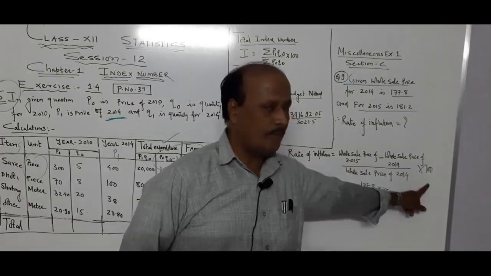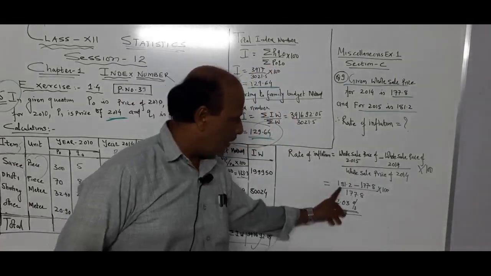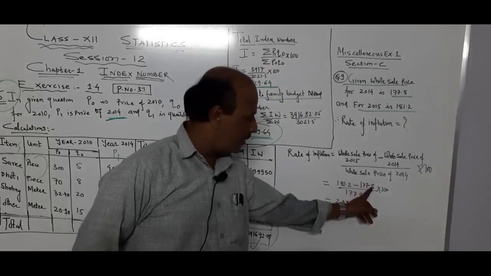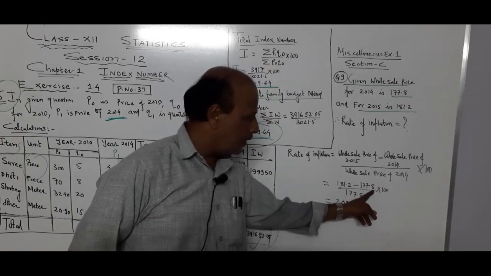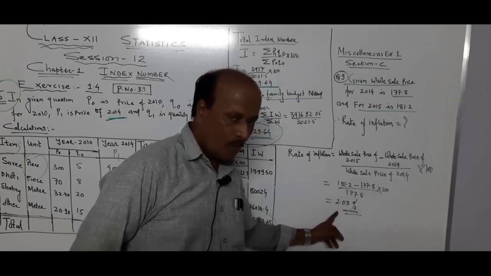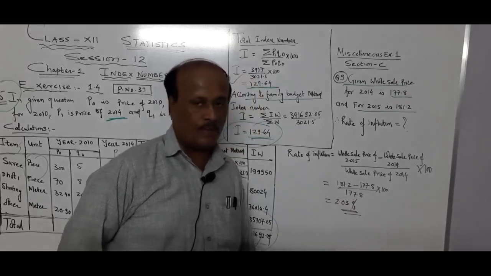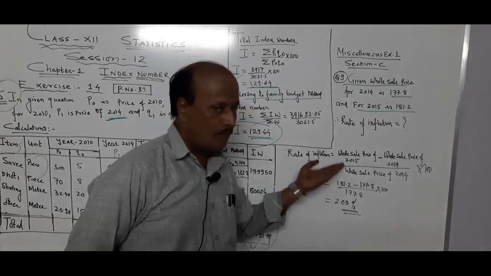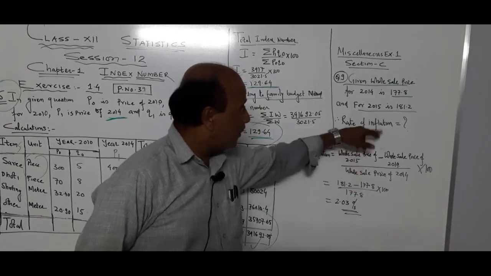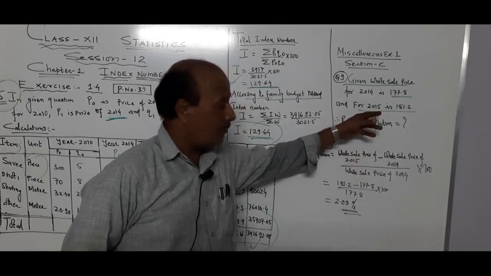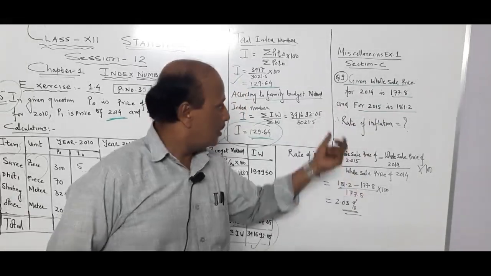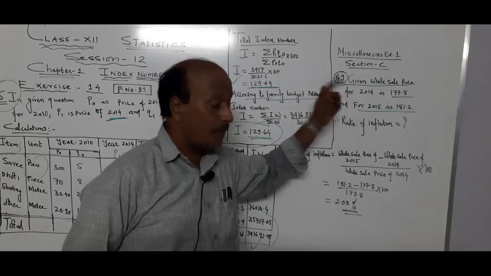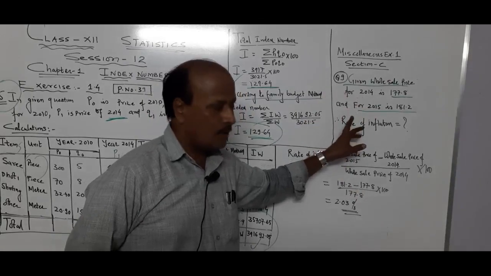Don't forget to multiply with 100. So 181.2 minus 177.8 divided by 177.8 into 100, approximately you will get 2.03%. This is the rate of inflation of the given year 2015 with respect to 2014. So this is one easy question, question number 9, but it comes for 2 marks, and this is a new type of question I did.